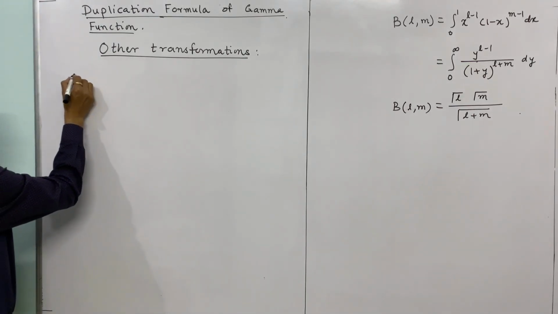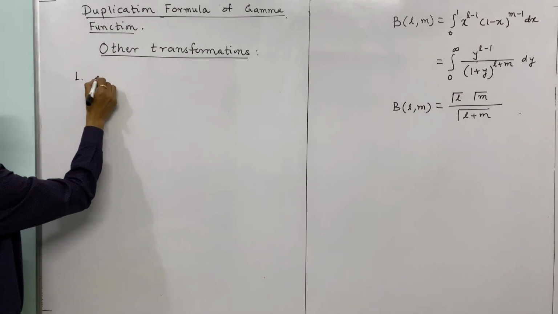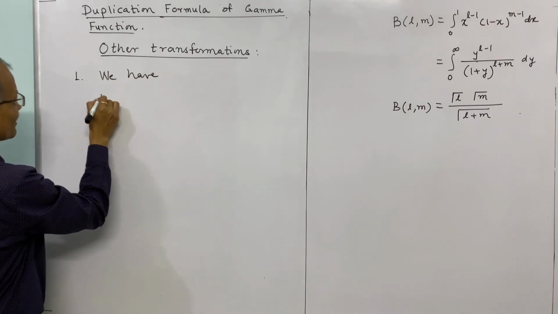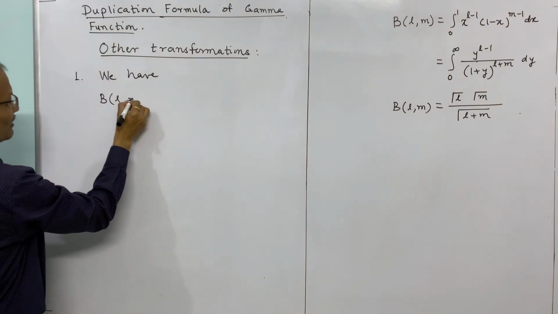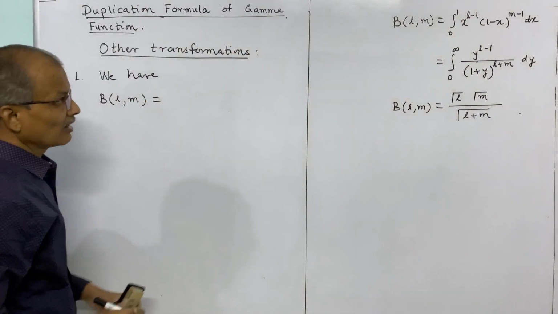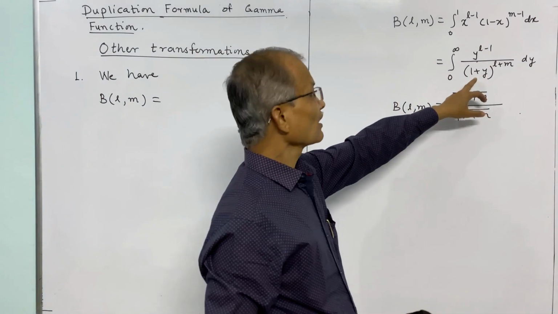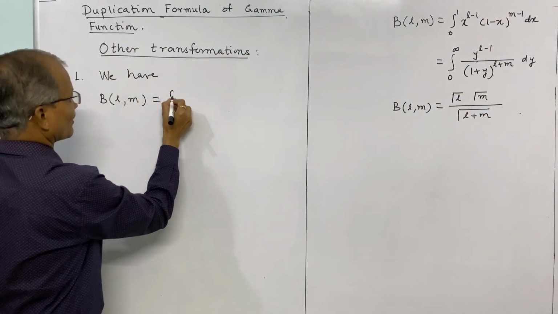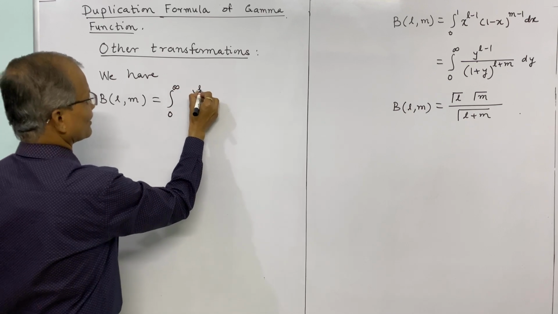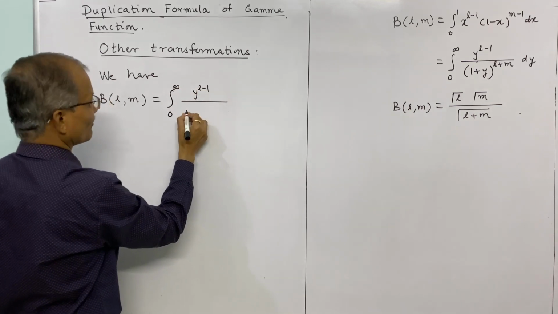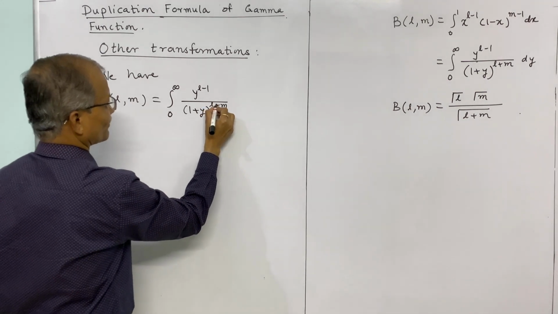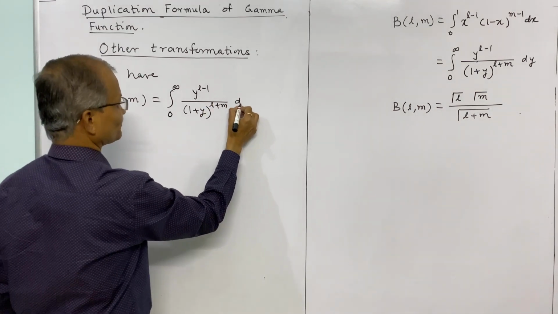In this, we have beta of L and M equal to this form, which I shall consider: the integral from 0 to infinity of y to the power L minus 1 divided by 1 plus y to the power L plus M into dy.